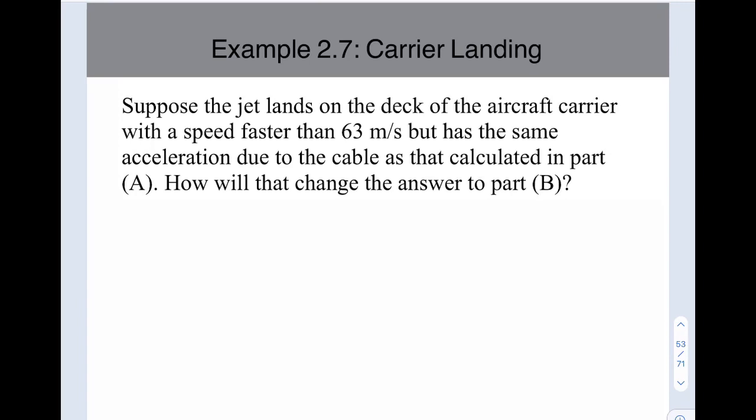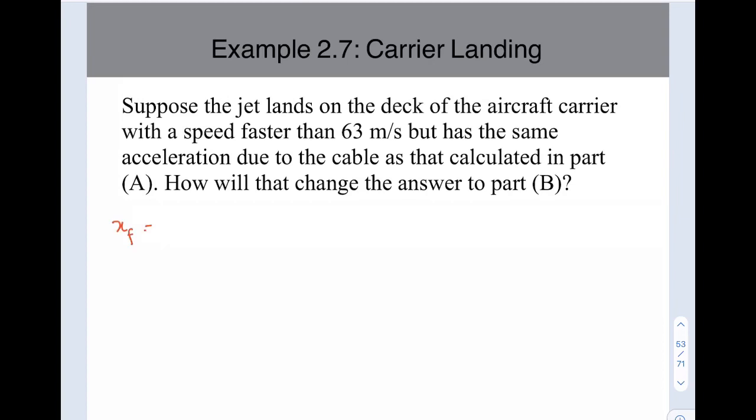Suppose the jet lands on the deck of an aircraft carrier with a speed faster than 63 meters per second, but has the same acceleration due to the cable as calculated in part A. How will that change the answer to part B? It means we need to figure out the x final for the jet again, but with the condition given.